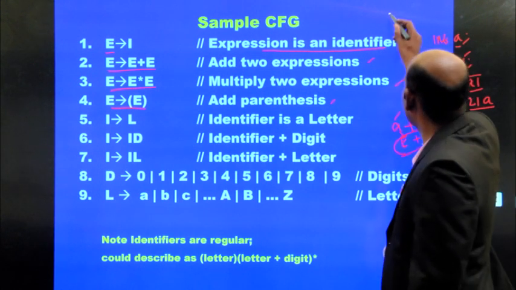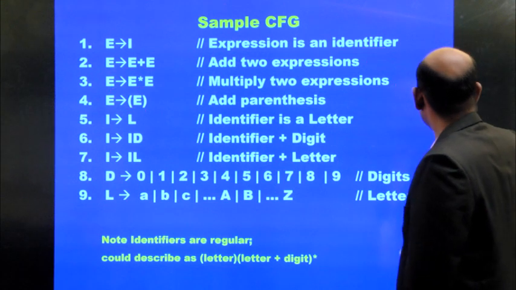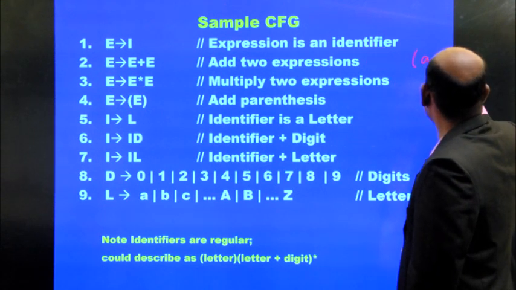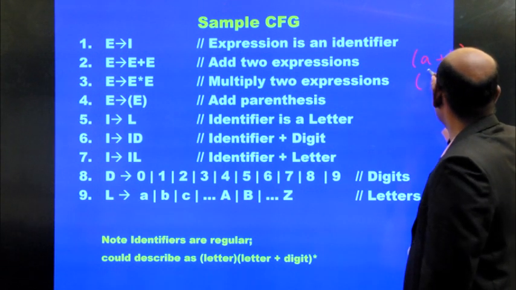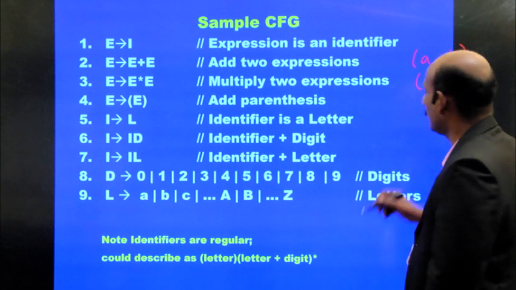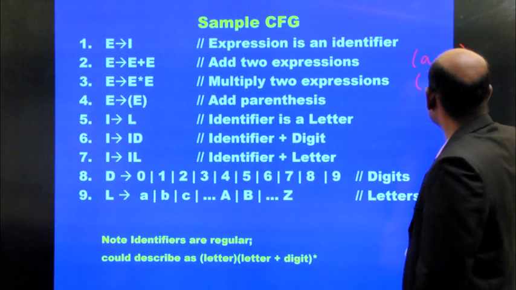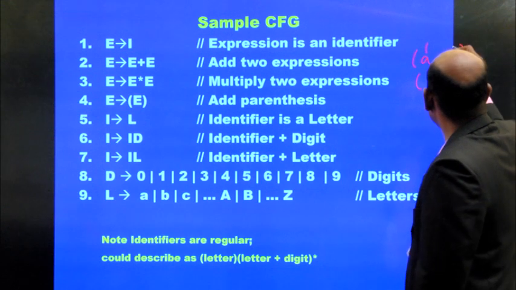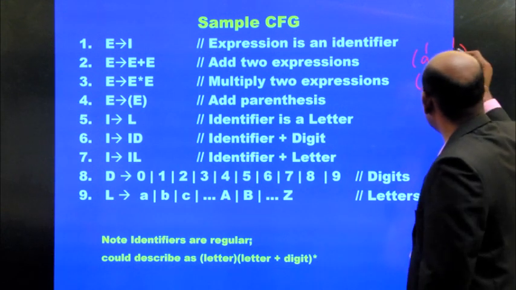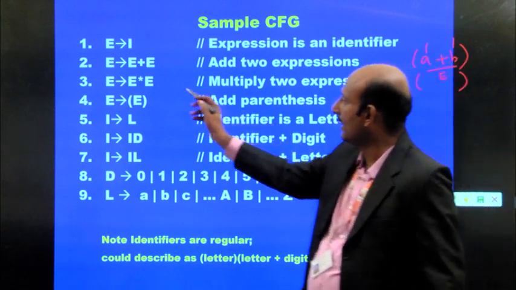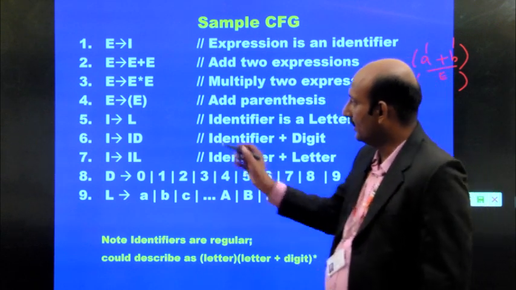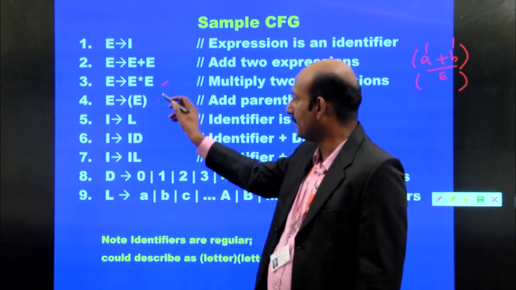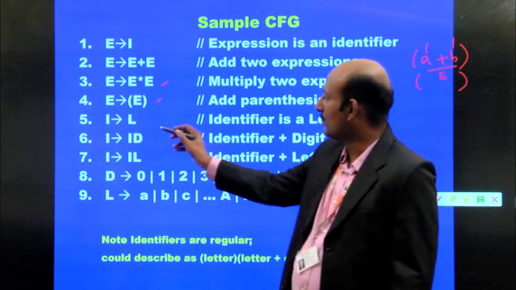For example, we may write A plus B, so we take this as open E close, where A is one expression and B is one expression. We are going to add those two expressions, that is E plus E, and this E plus E is reduced into E. Likewise, we can go for multiplications and adding parentheses.